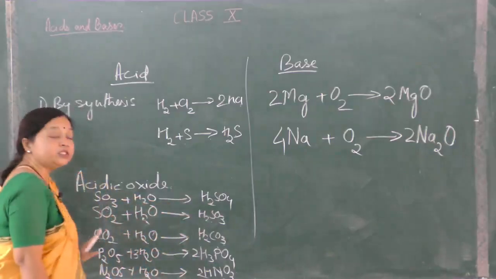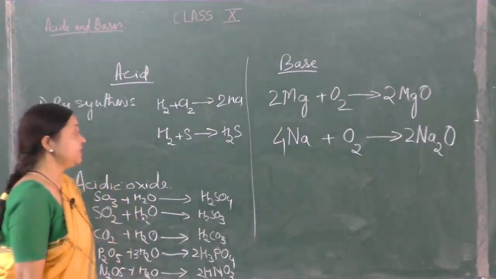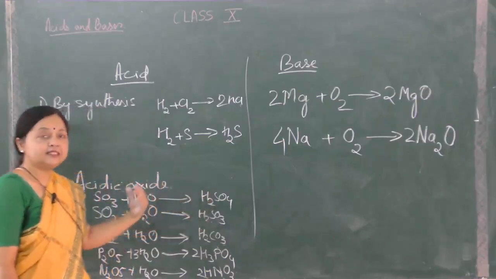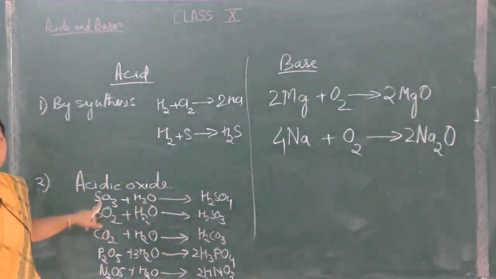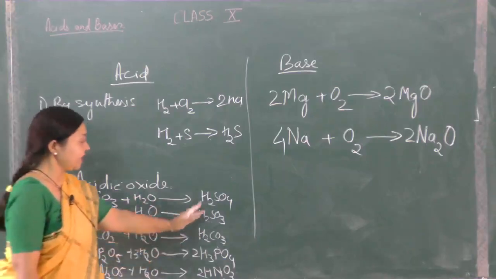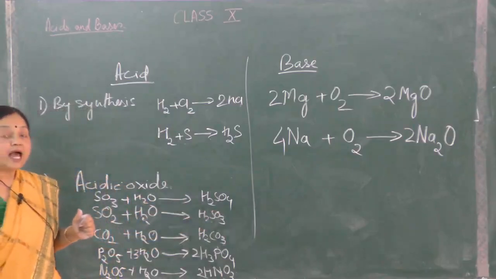So these are also known as acid anhydrides. If you are asked what is the acid anhydride of sulfuric acid, then the answer is sulfur trioxide, not dioxide. These are the acid anhydrides of these acids.